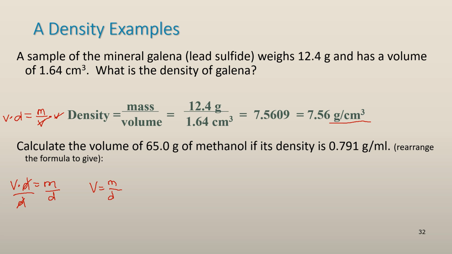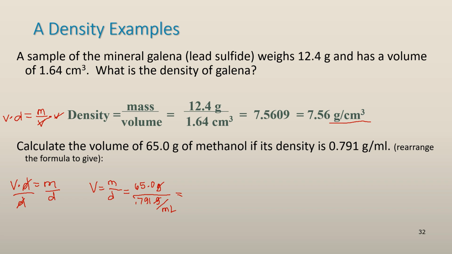So what do we want to do? We want to take our mass, which is 65 grams. Our density is 0.791 grams per milliliter. I want you to notice what's happening with the units. I've got grams divided by grams, so they're actually going to cancel. And this is 1 divided by 1 over milliliter.